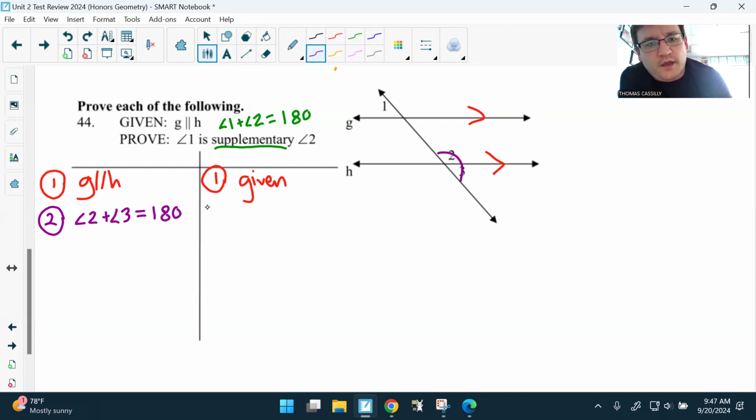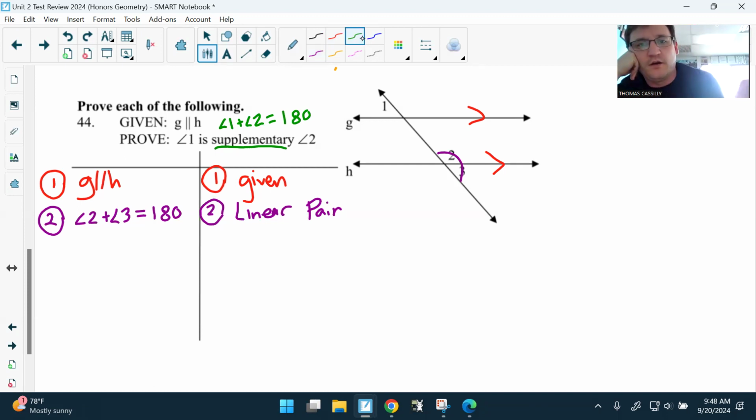And of course, that is a linear pair. So we always have our statements and our reasons. Think of this line down the middle as like the word because. So we could say angle 2 plus angle 3 equals 180 degrees because they are a linear pair.